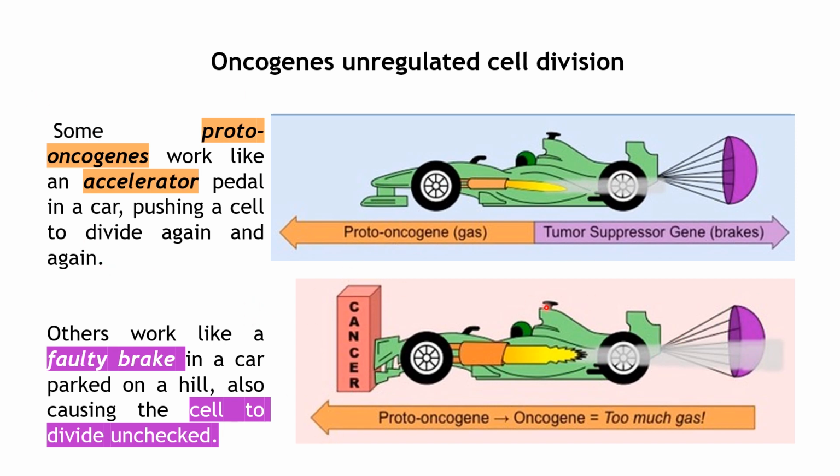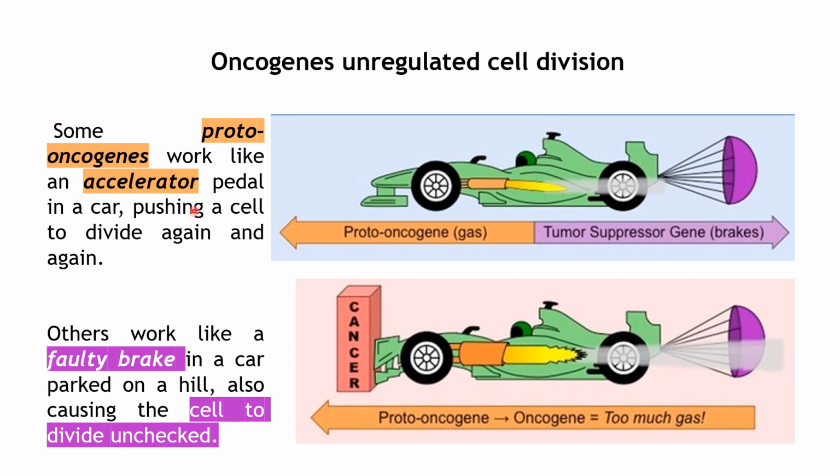And if both the tumor suppressor and the proto-oncogene, the gas, are affected and there is no brake, things can get worse. This is why there are different types of cancers, and why they can develop at different speeds. If you miss one, it can go at a certain speed, and if you miss both of them, it can occur faster.